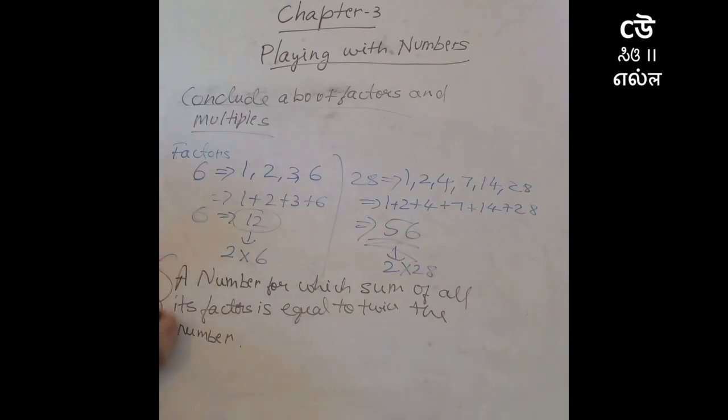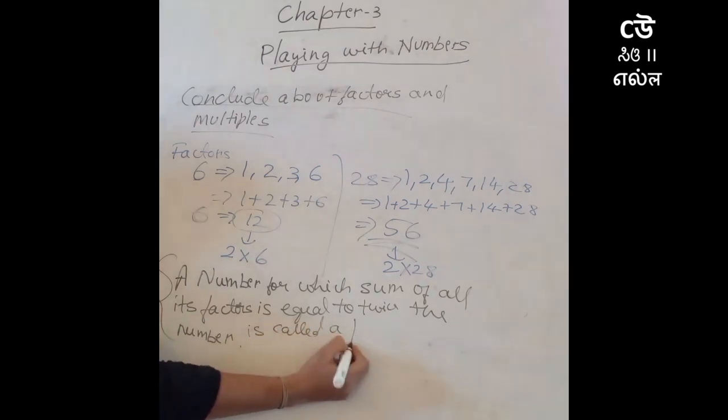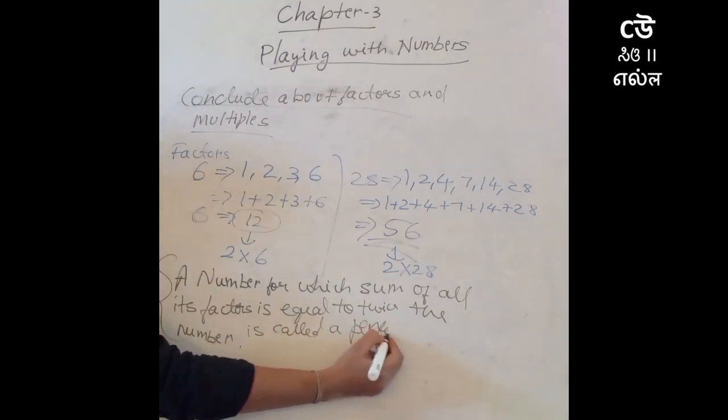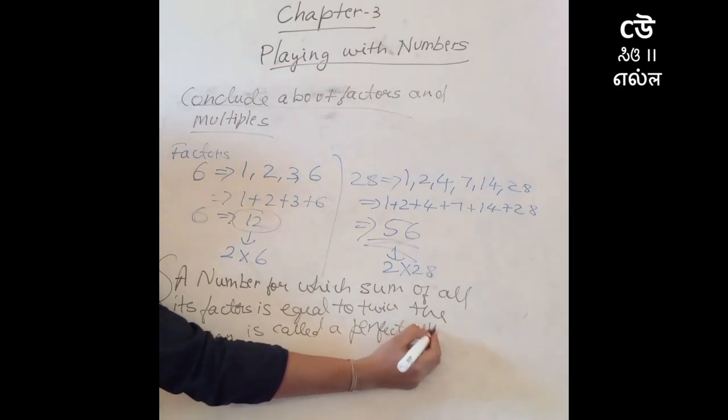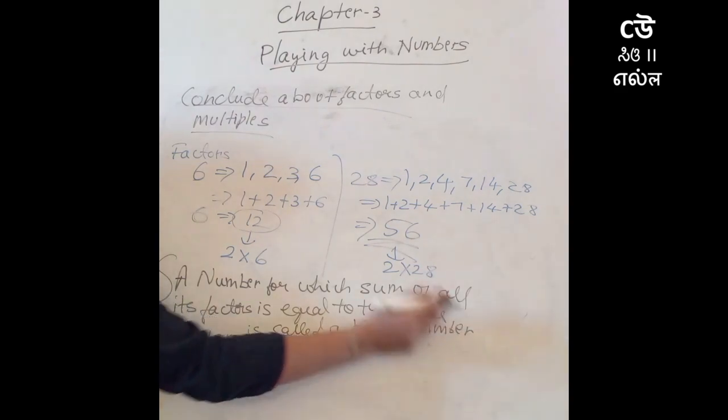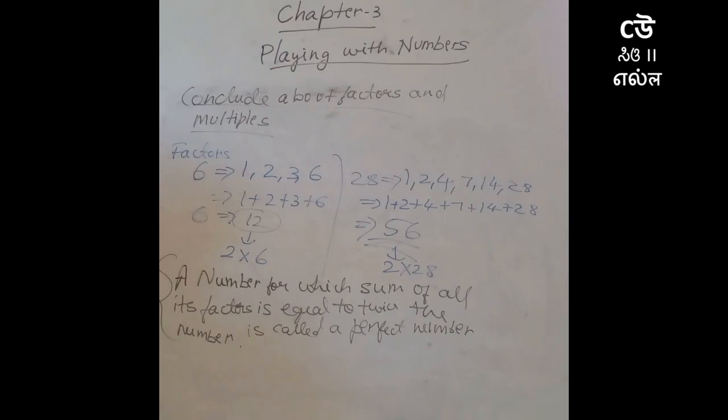So what do you call this? You call this a perfect number. So if you get the answer as twice the given number, then you'll call it a perfect number.